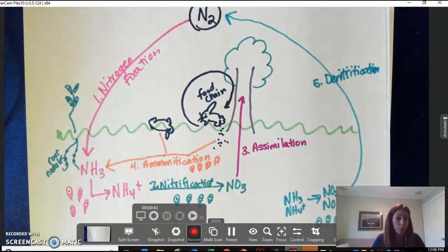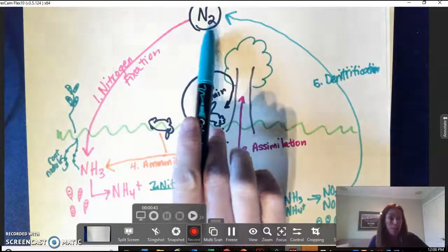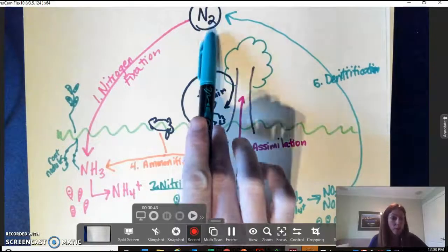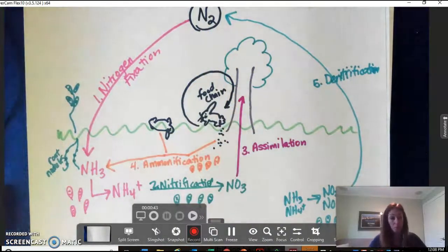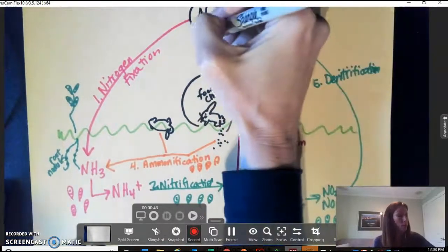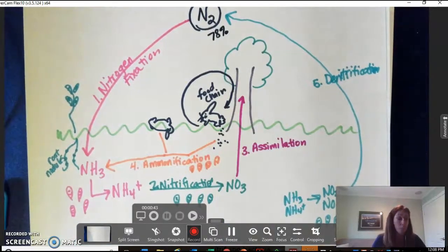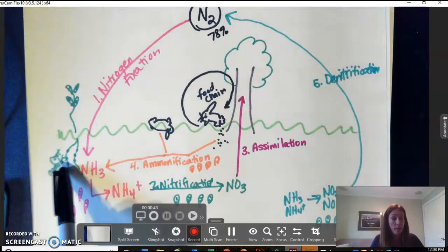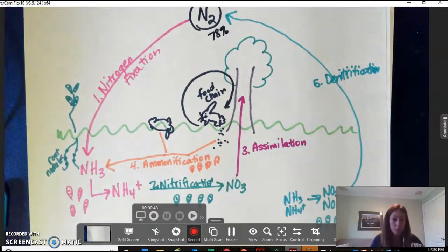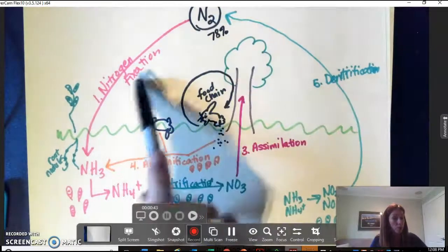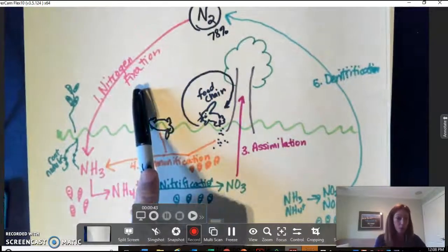So this cycle is pretty complicated, so I'm going to talk it through one more time. We have nitrogen gas in our atmosphere that's abundant. 78% of our atmosphere is made up of this gas. So it's very abundant, but not usable by living things except for the bacteria that live in the soils. So bacteria will go through the process of nitrogen fixation.